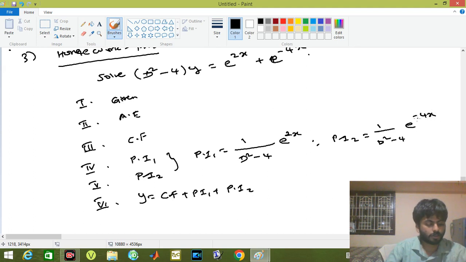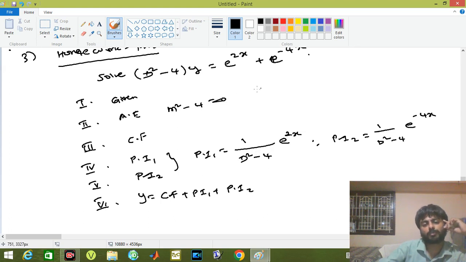So you have to find these two PIs, and your auxiliary equation will be m square minus 4 equal to 0. So what will be your CF equation? You have to find that. And what will be your PI1, what will be your PI2? You have to find that.